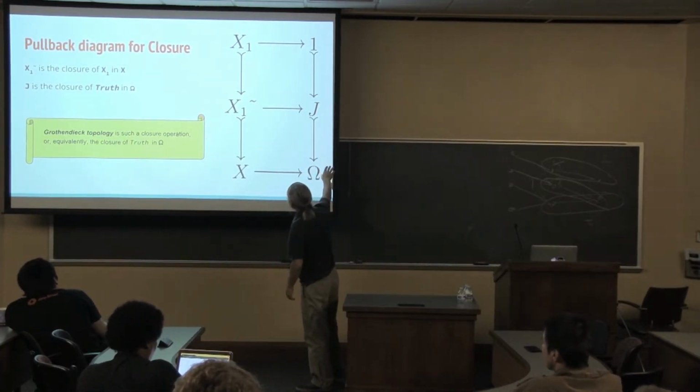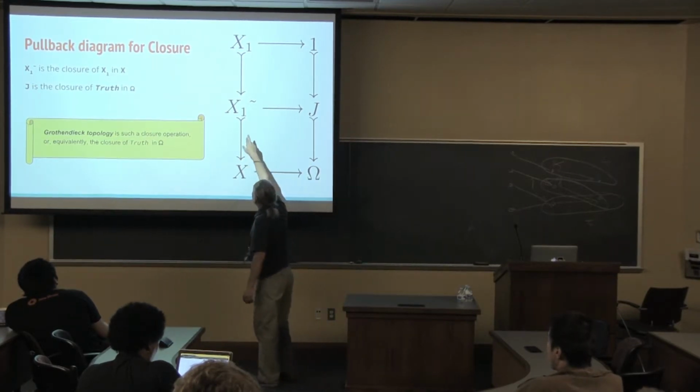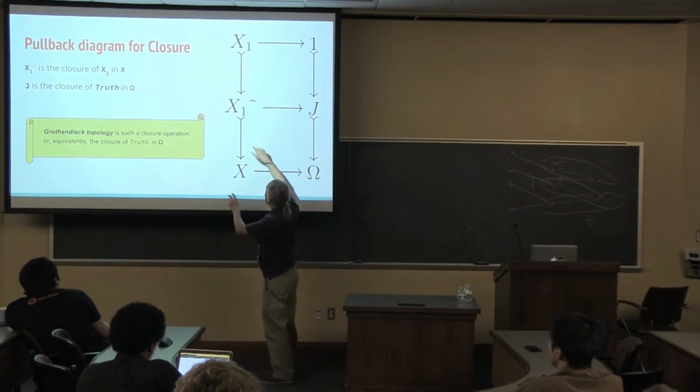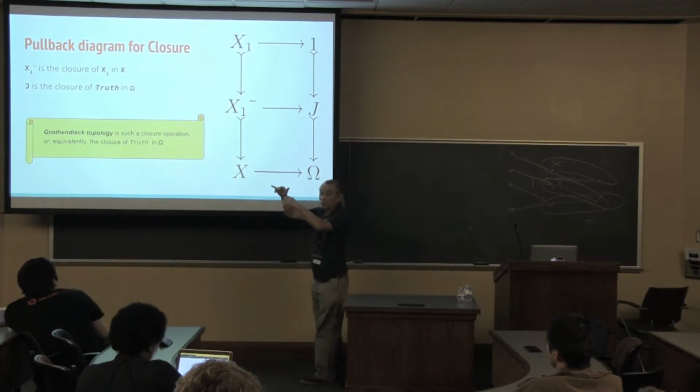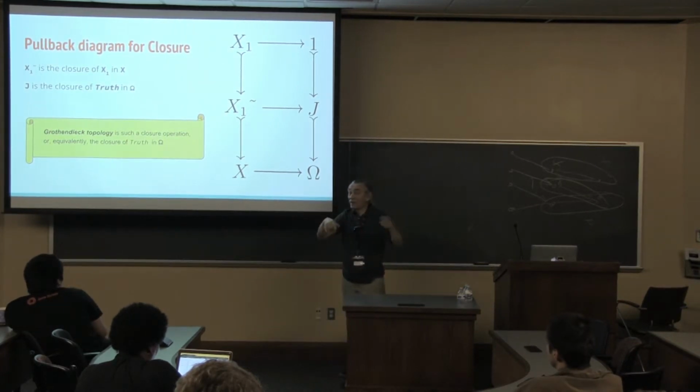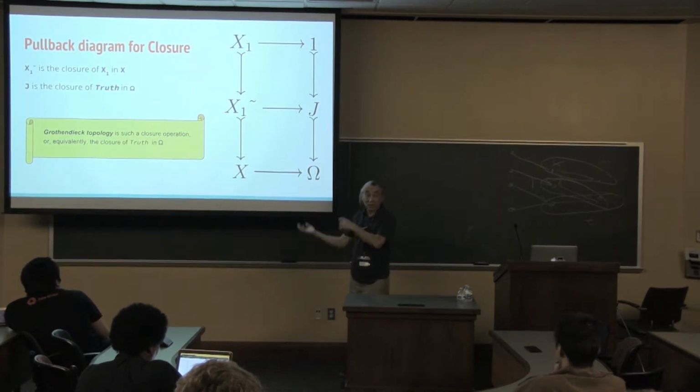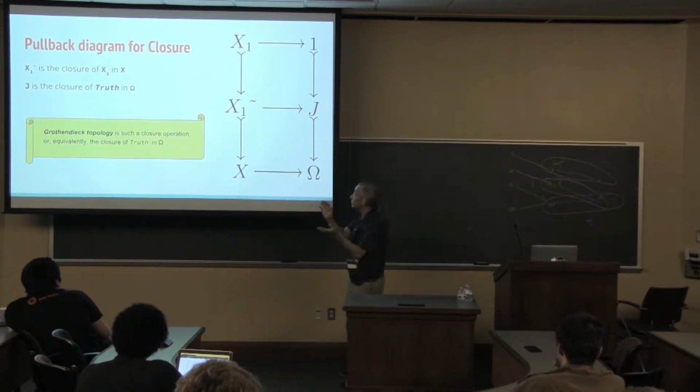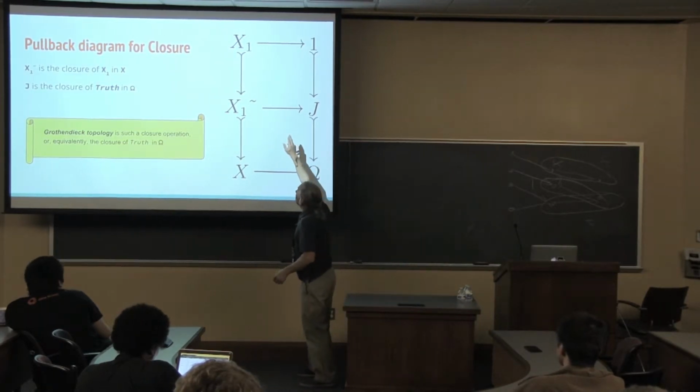Again, we have x1, a subobject of x, just any subobject, and then we apply some kind of closure. For instance, a closure that only cares about today. So this closure, of course, includes x1, like over there.